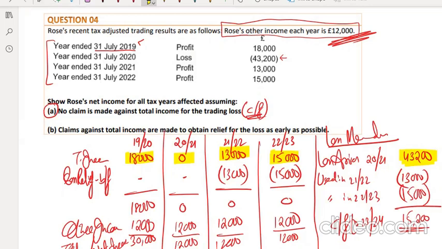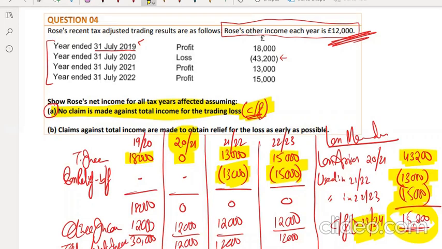Now it's saying first requirement A, just carry it forward. So we apply the carry forward rule. Loss is in 2021, so we are just carrying it forward. First year 13,000, second year 15,000, whatever loss is left is carried forward to the next year.